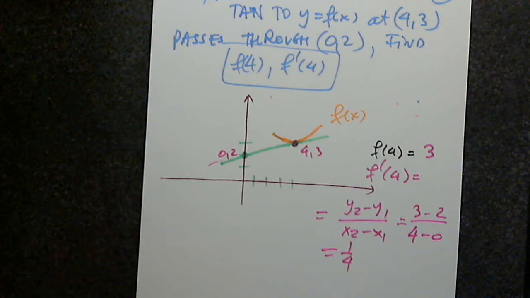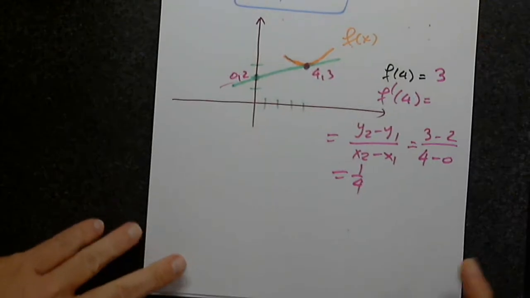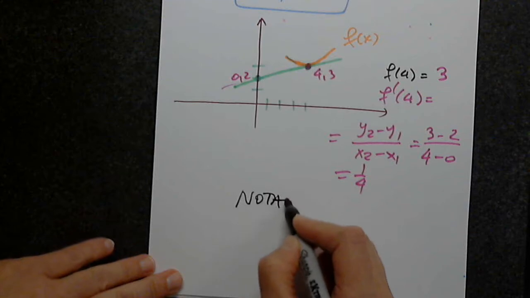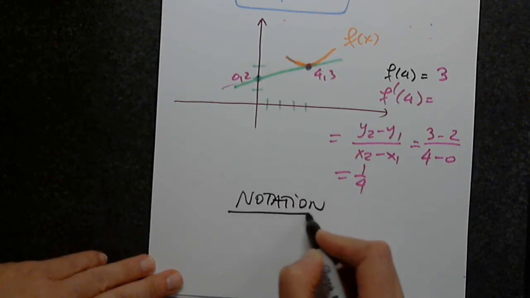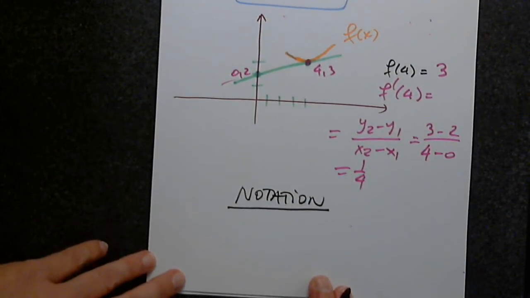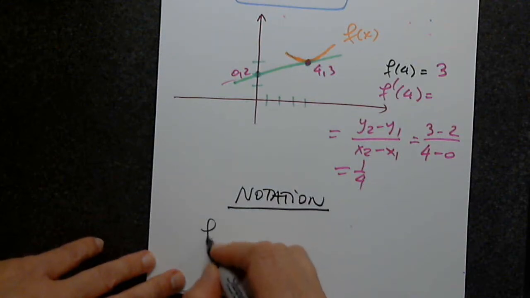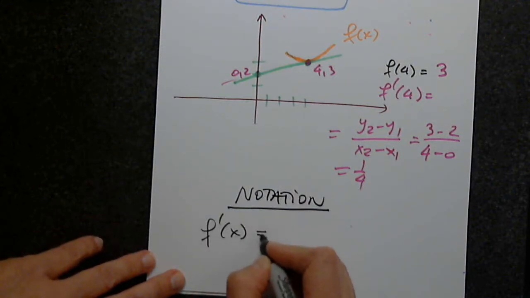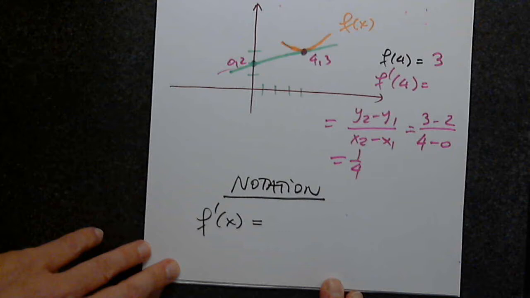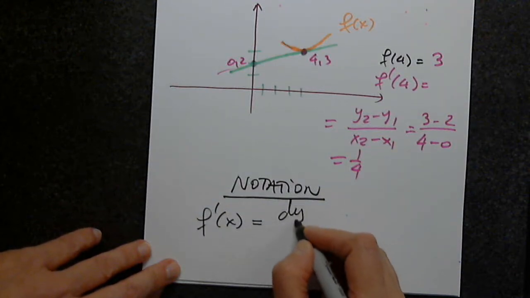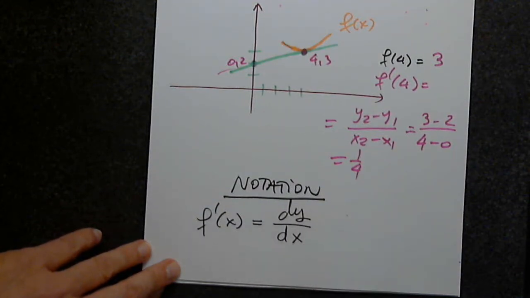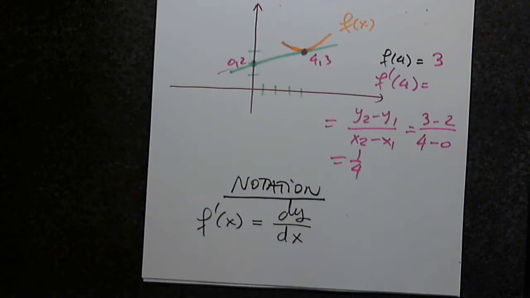I want to go back to 2.8 for a minute and talk about notations. Very important. f prime of x or dy over dx mean the same thing.